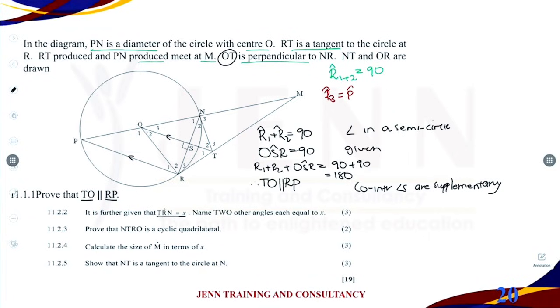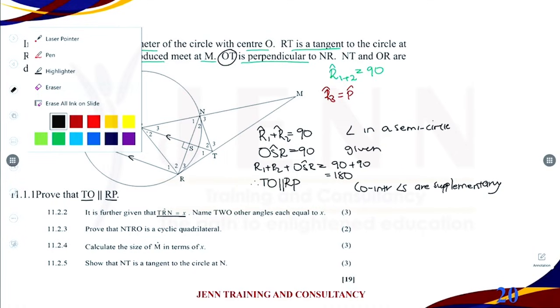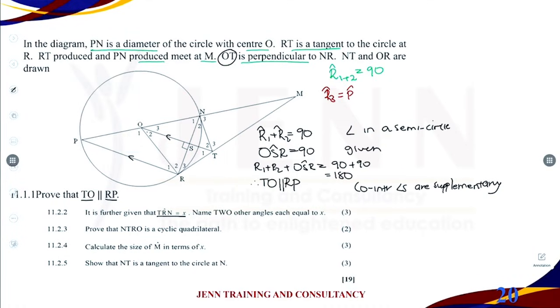So you are further given that angle TRN, which is angle R3, is X. Now you need to name two other angles each equal to X. We need you to name any other two angles that will be equal to X also.